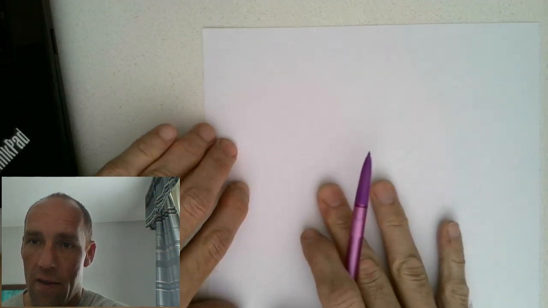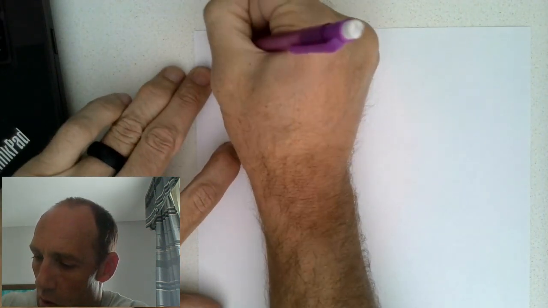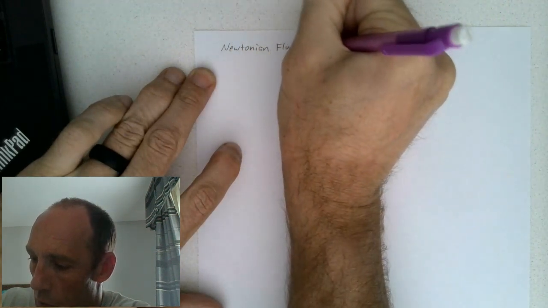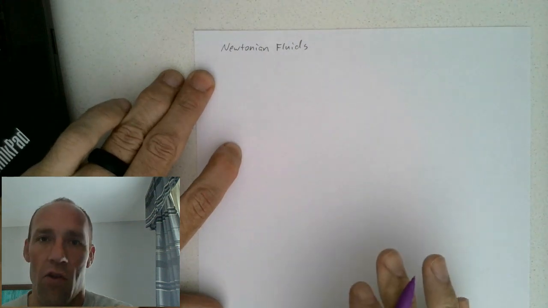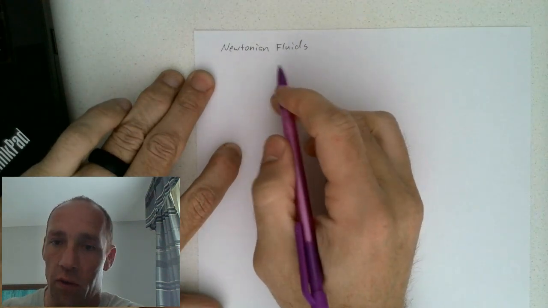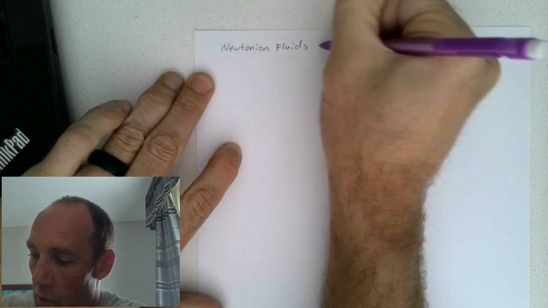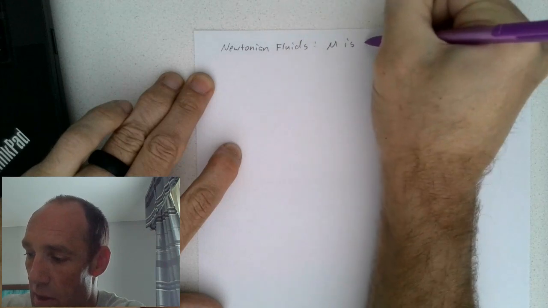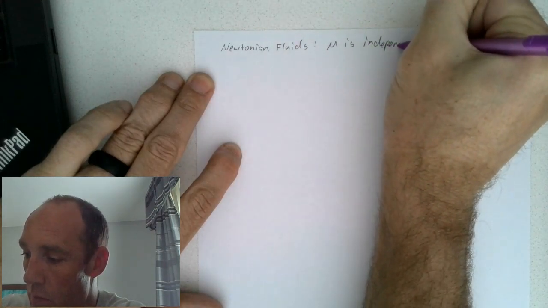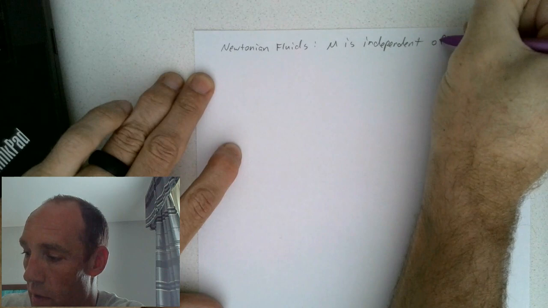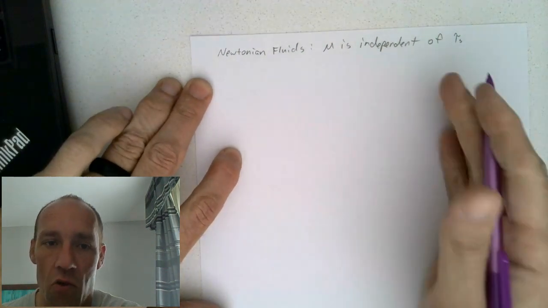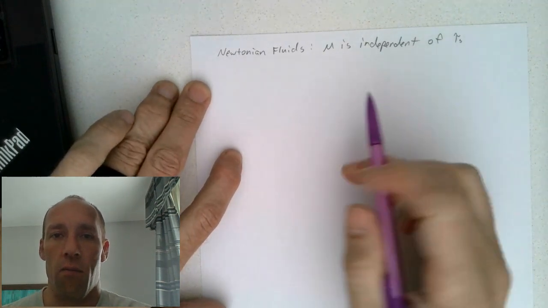When the viscosity is independent of shear stress, you have what's called a Newtonian fluid. So a Newtonian fluid is defined as a fluid in which the viscosity is independent of shear stress. There are non-Newtonian fluids, in which this is not the case.